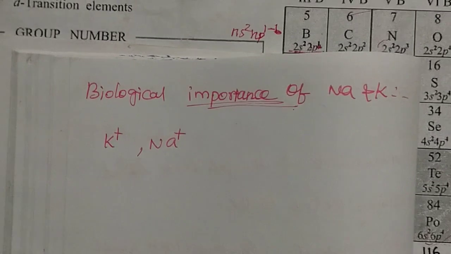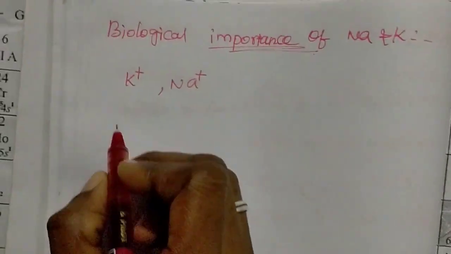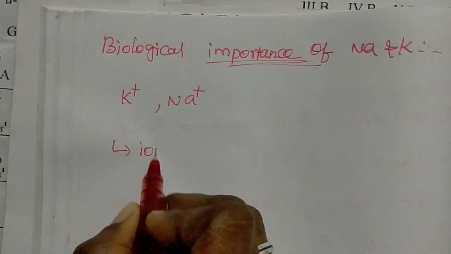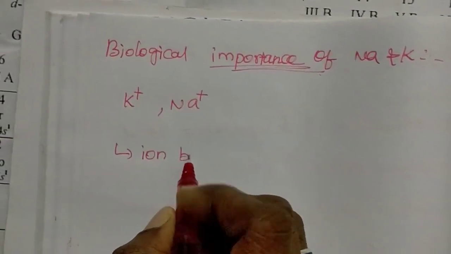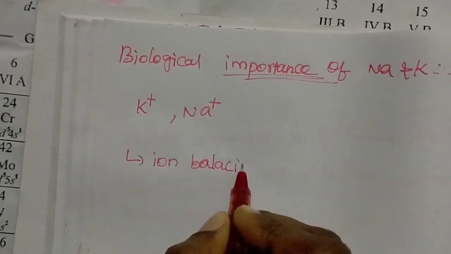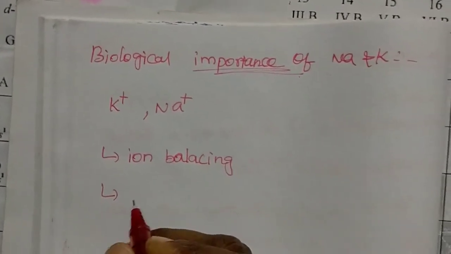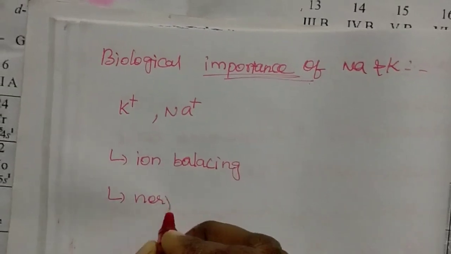They play an important role in our body to maintain ion balance, balancing ions in our blood. Okay, so sodium and potassium monovalent ions are used for ion balancing, and also nerve impulse conduction.